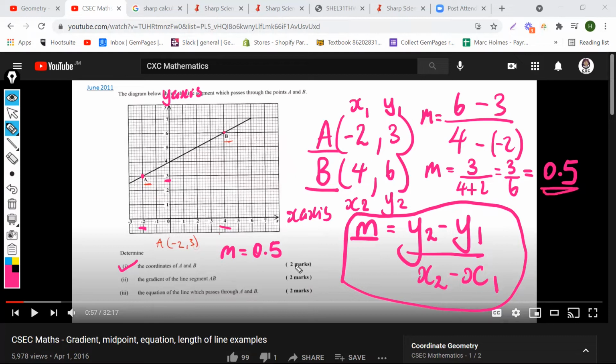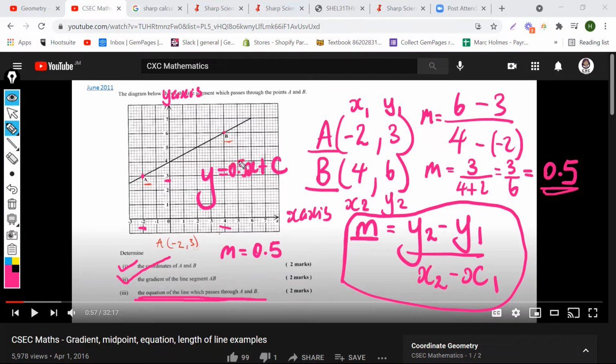That's the gradient. And then the last thing they ask you is the equation of the line which passes through AB. So this is also pretty easy. Remember, the line is always y is equal to mx plus c. In this case, we know the gradient, so it's 0.5x because we just found it.